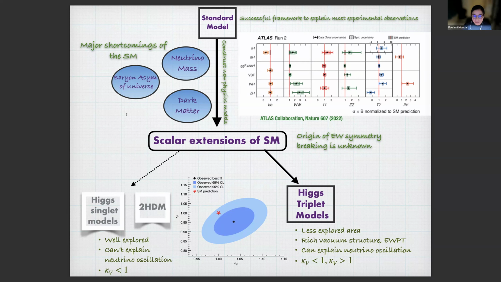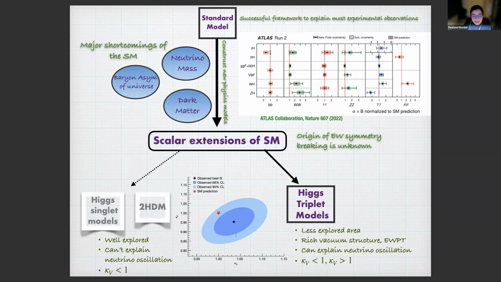As you all know, a very famous, well-known scalar extension of the standard model is the 2 Higgs doublet model, which is very well studied. But I would like to say that these 2HDM models cannot explain the neutrino oscillation, and also if you stay in the 2HDM model, the kappa V, which is the coupling modifier of the standard model Higgs going to vector boson pairs, is less than 1.